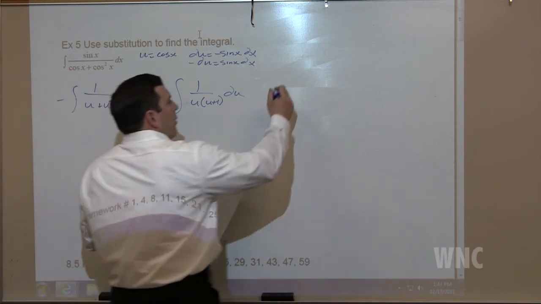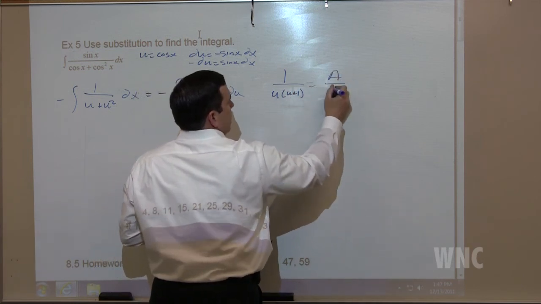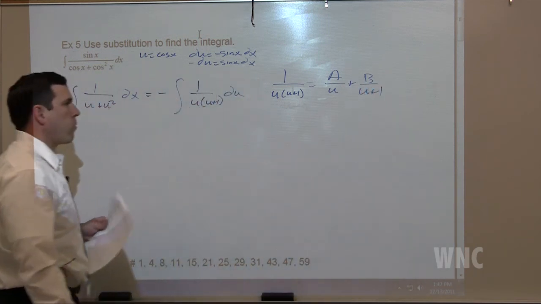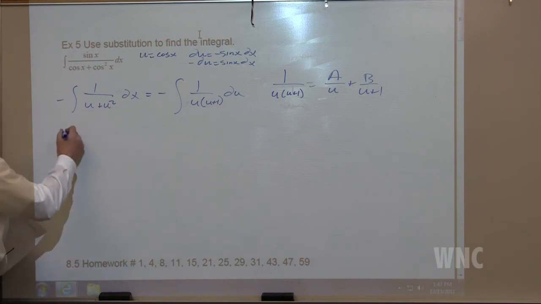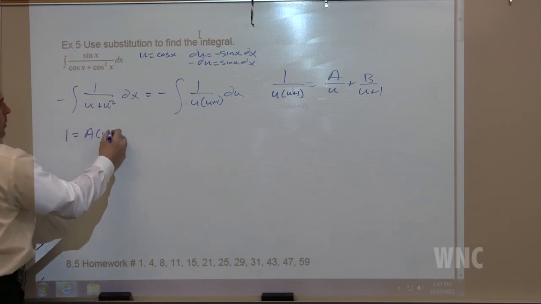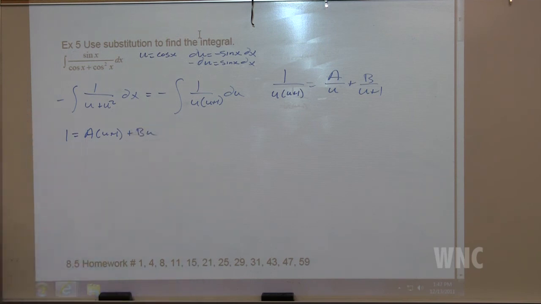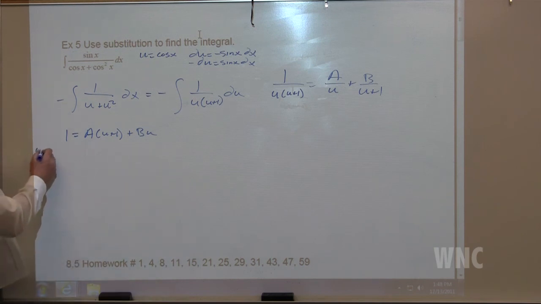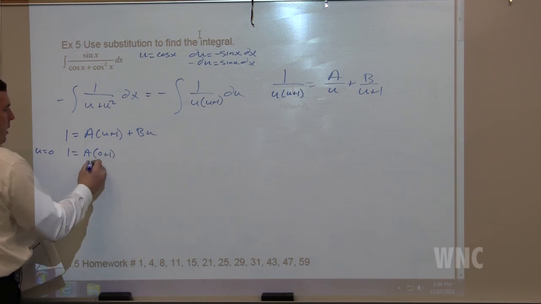So when we look at 1 over u times (u plus 1), we'll say 1 over u(u plus 1) is equal to a over u plus b over (u plus 1). If you multiply through, 1 equals a times (u plus 1) plus b times u. This one's an easier one. We can put in numbers to make the factor 0. If I say u equals 0, I have 1 equals a times (0 plus 1), a equals 1.